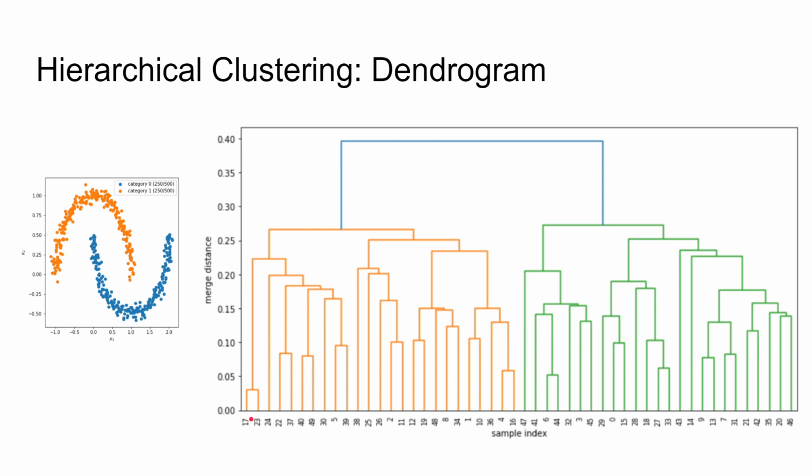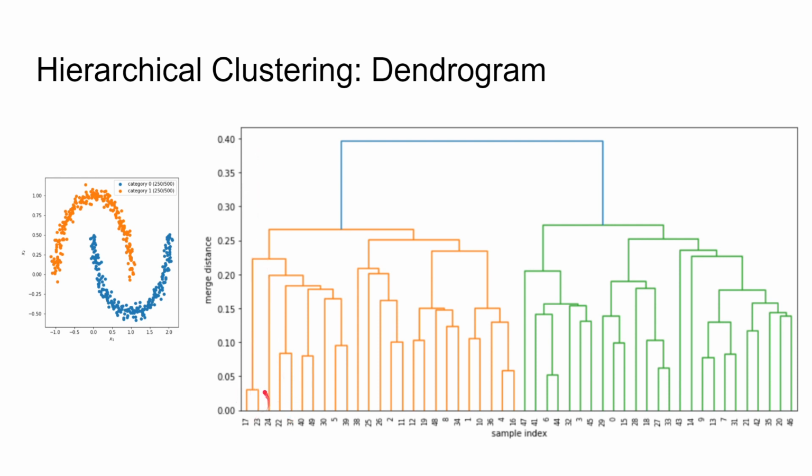What I'm plotting down here is these are all of the original sample points, and I'm just plotting what index they are as opposed to their XY values. And what this is plotting vertically is that merging process.